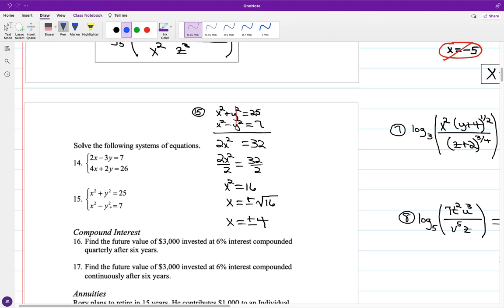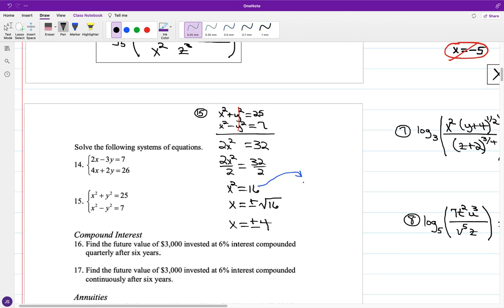Now with this system, I have the equations expressed not in x and y, but in x squared and y squared. To solve for y, I can keep 16 for x squared and plug into either of these two equations. I'll just plug into the first equation.